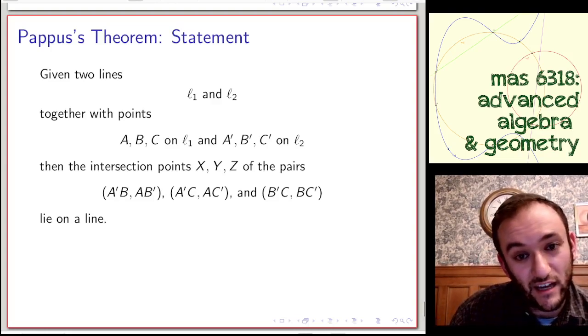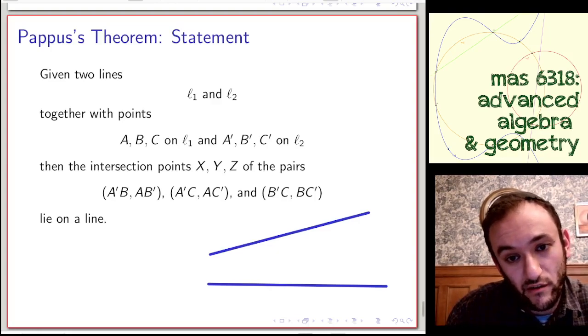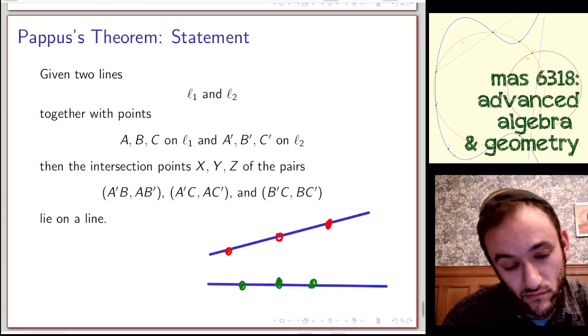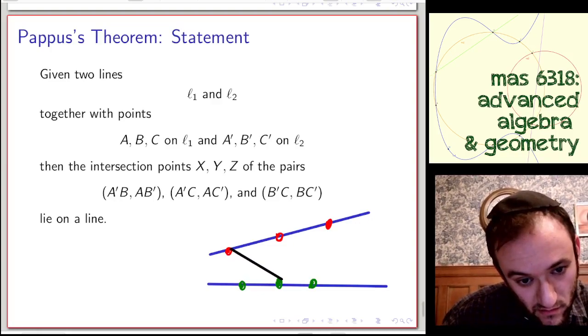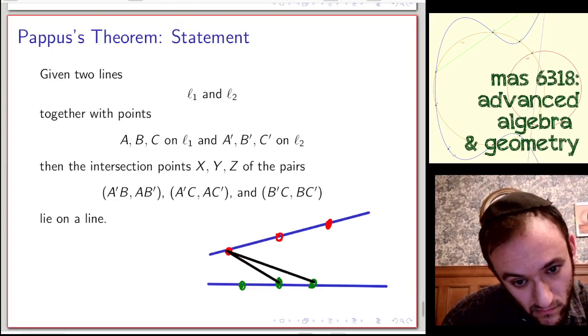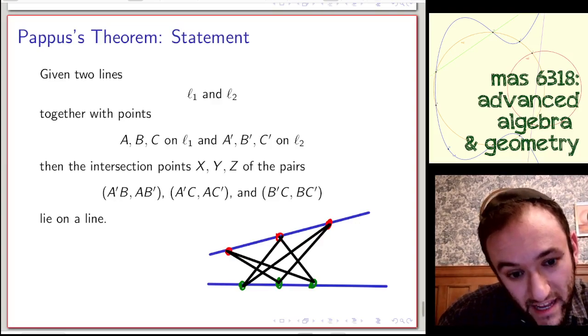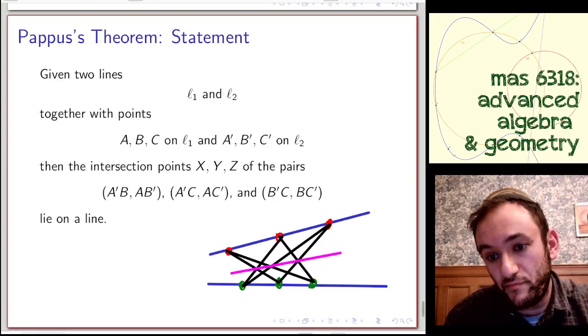So if we have two lines, L1 and L2, and then we mark 3 points on each of them, and then you do the same cross lines as before, we're going to get the same magic line connecting all three of those intersection points as in Pascal's theorem.